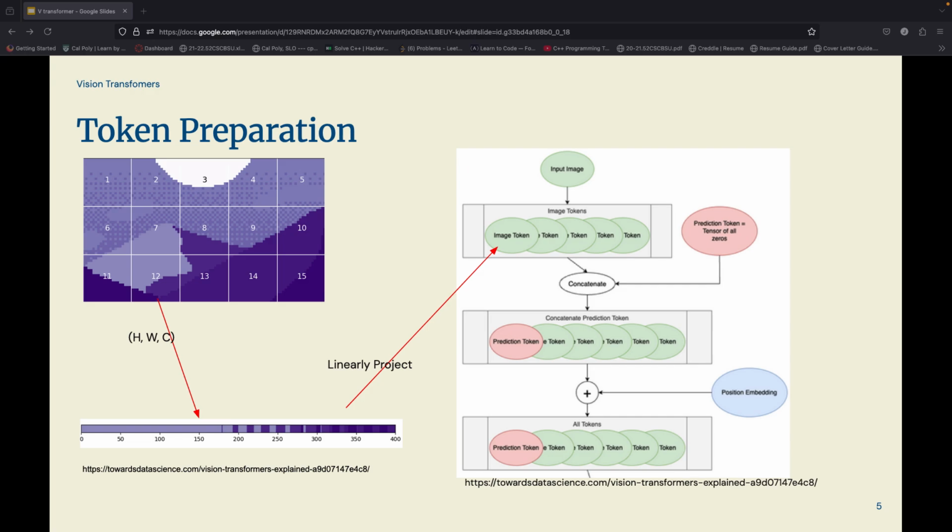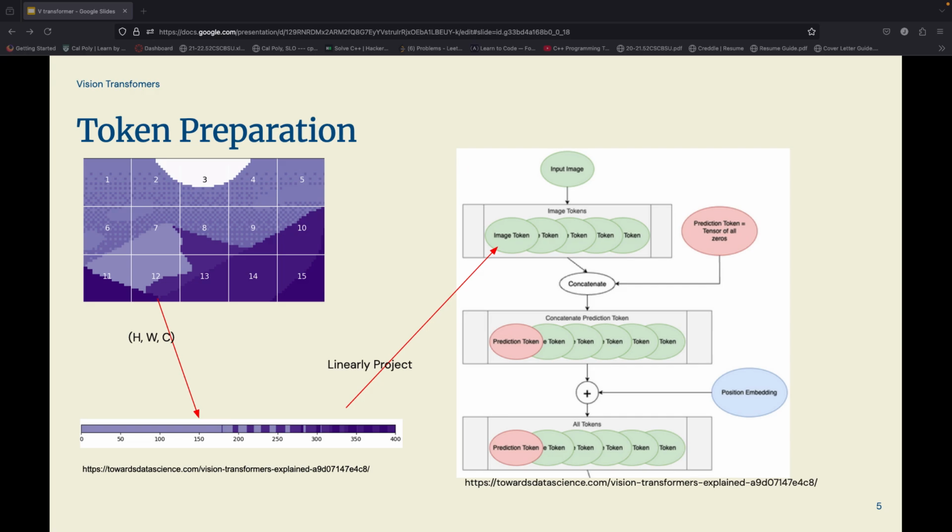Since the paper says they want to change as little as possible from the original transformer architecture for NLP, we want to turn this image into something that an encoder block of the transformer can use. So the team at Google thought to cut the image into 16 different patches and represent each word, in a sense, as a patch.